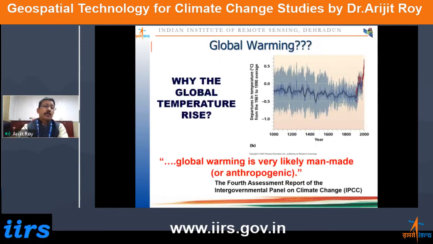So what is global warming? It is the observed increase in the temperature experienced over the last century, and it's mainly due to the dumping of the pollutants, mainly from the fossil fuels and other sources, into the atmosphere.